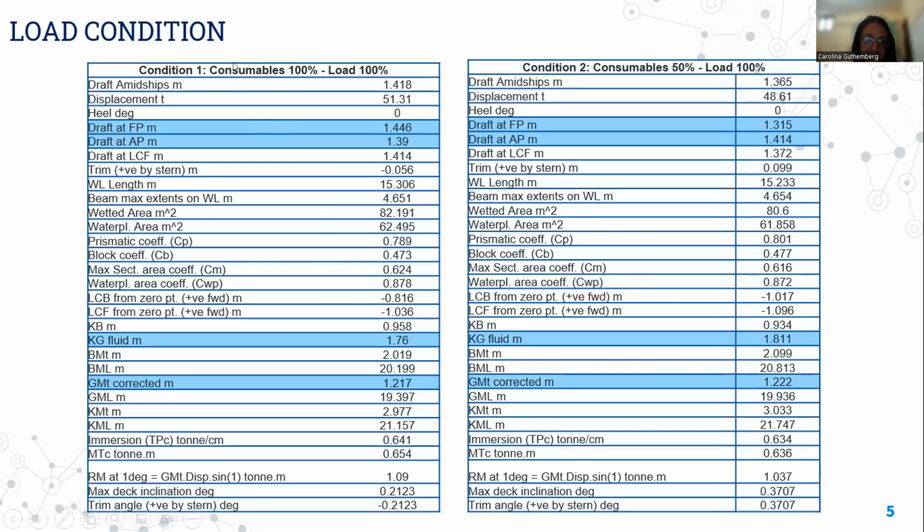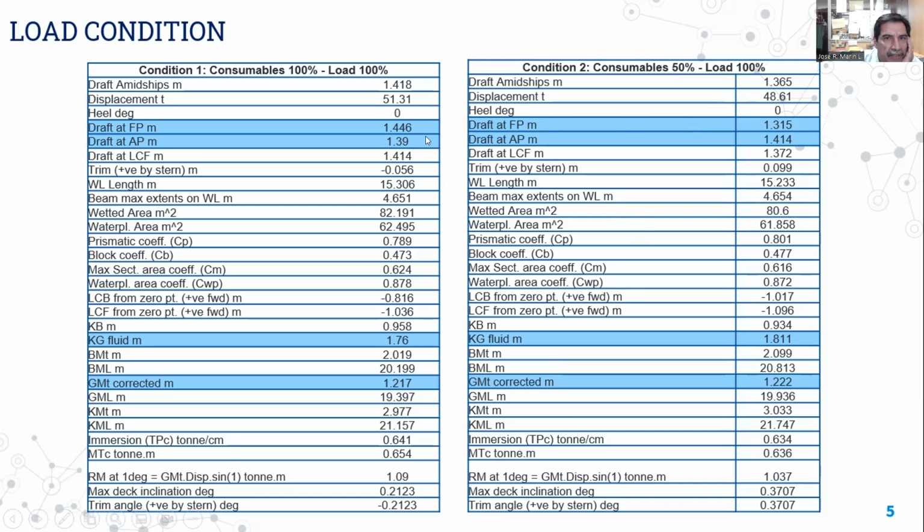And the first condition is 7% of consumables and 10% of load. This is a passenger vessel. The load is considered 8 persons in total, and the second condition we analyze 5% of consumables and 10% of the load.